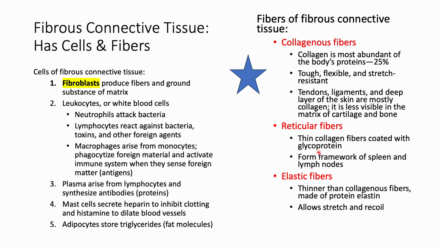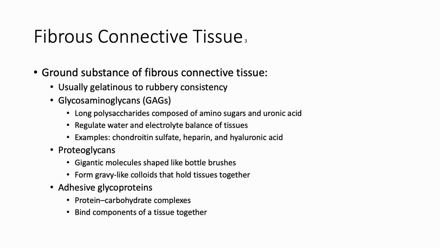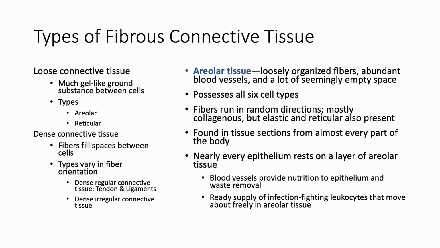That framework is important, and they often stain very, very dark. And then we have elastic fibers. They are thinner than collagenous fibers, made of the protein elastin. They allow for stretch and recoil. And the ground substance produced by the fibroblast is made up of glycosaminoglycans, proteoglycans, and adhesive glycoproteins.